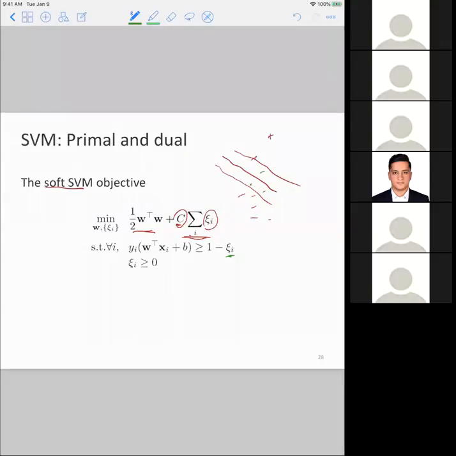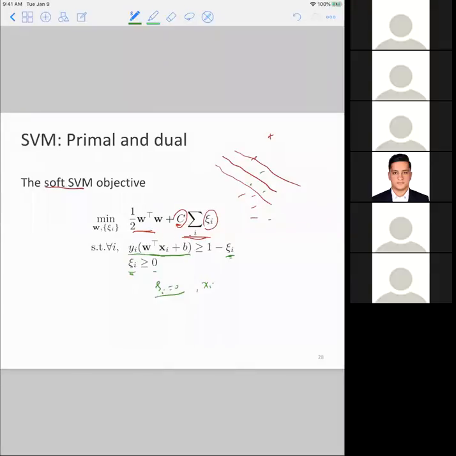So we require for each instance a slack variable ξi, which must be non-negative, and at the same time the function margin, this is the function margin, the product of the label and this prediction score, must be no less than 1 minus ξi, right? So when ξi is 0, what about the position of xi?